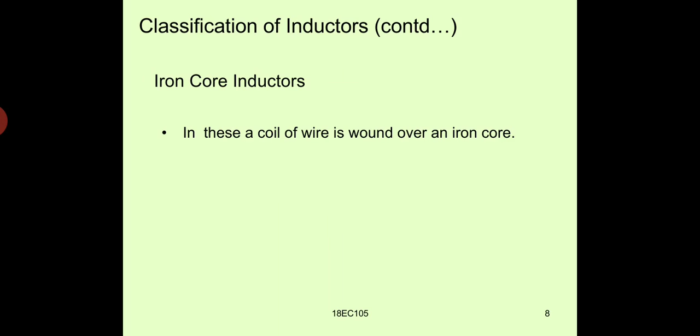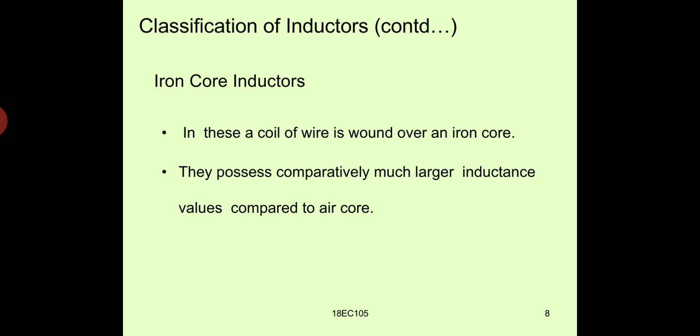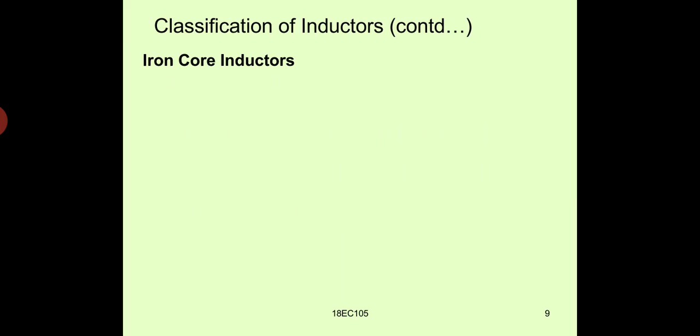So in these, a coil of wire is wound over an iron core. Now they possess comparatively much larger inductance values when compared with that of the air core inductors.